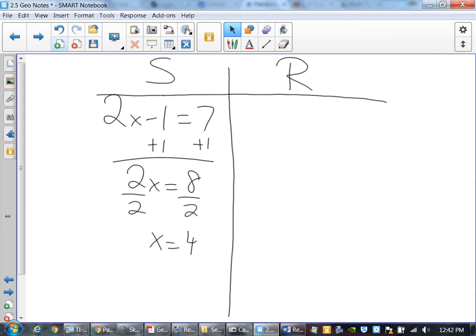These reason banks are the reasons that you're allowed to use. If it's not on this sheet, you can't make it up.